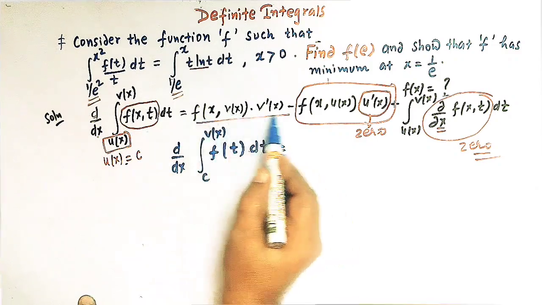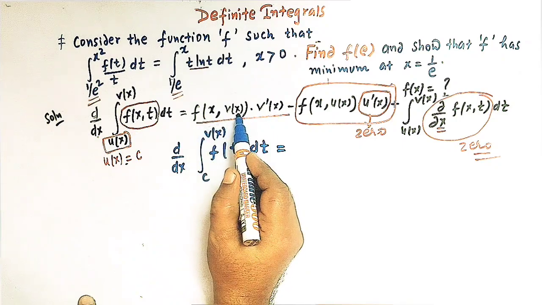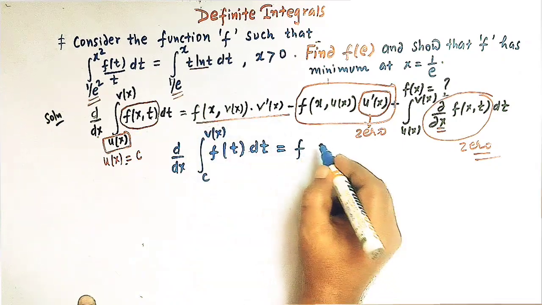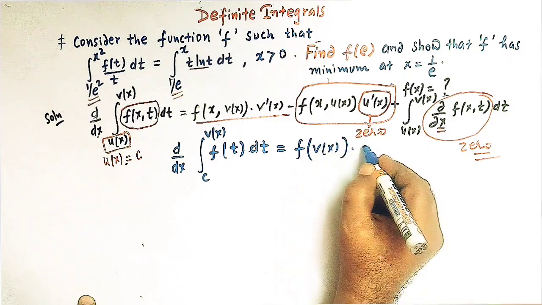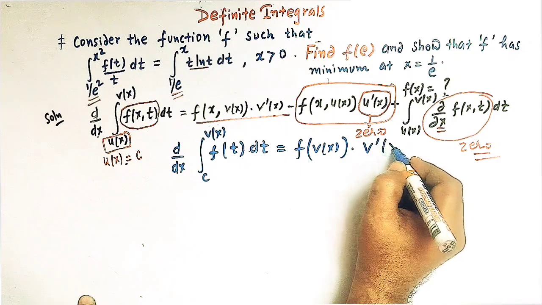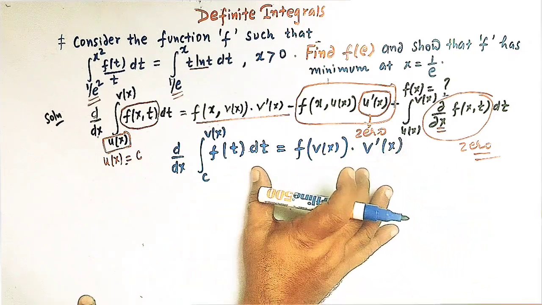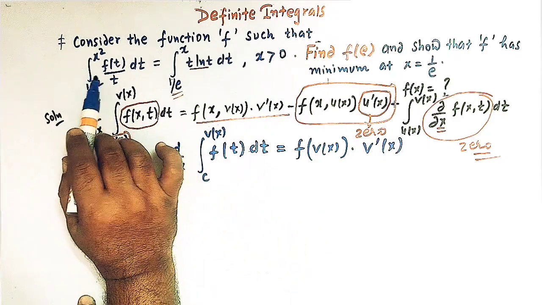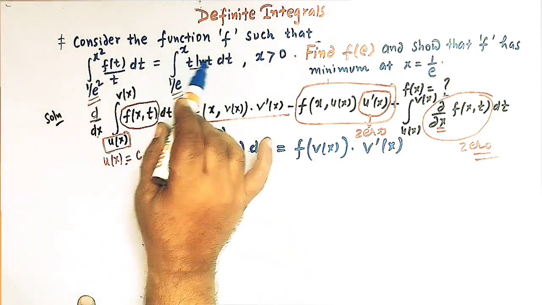So we are left with only this term. So we can now write f of x comma v of x as simply f of v of x, and then multiplied with the derivative of v of x, that is v prime of x. So now we are going to use this result in our given problem. So we'll now take the derivative of both sides.